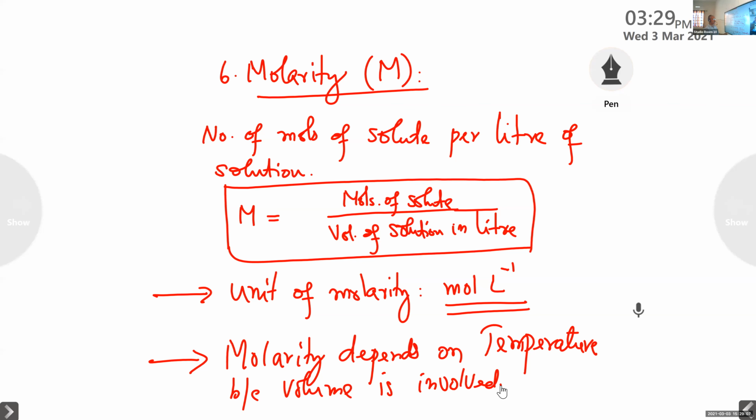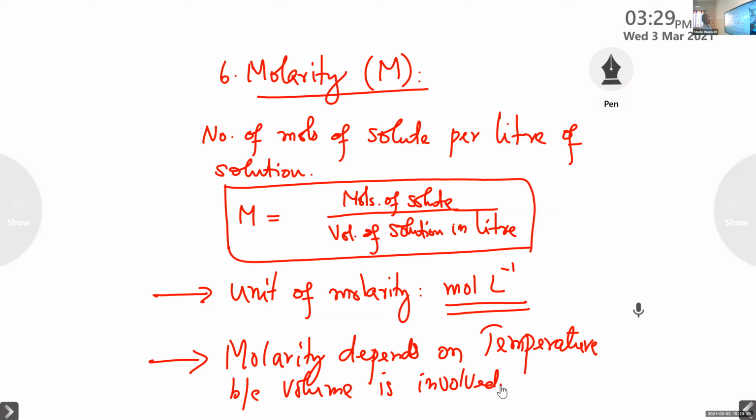so volume term depends on temperature. It varies with the temperature. So molarity also varies with the temperature. Although we are taking a definite amount of the solute, the concentration molarity varies with temperature. When heated, volume increases, molarity decreases. When cooled, volume decreases, molarity increases.